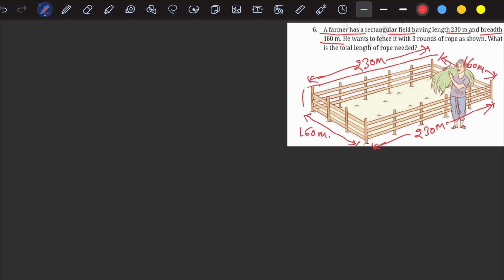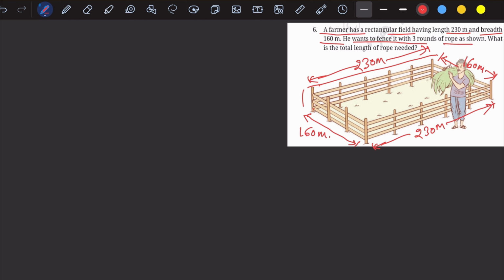Now what is the question? He wants to fence it 3 rounds of rope as shown. Suppose we have one rectangle and we want to fence this rectangular field once, then what will be the value of the perimeter? If we add all these sides once, it will be one time.